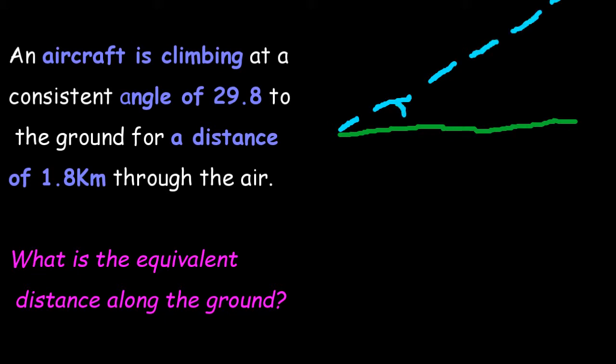So this is just a straight line going upwards at 29.8 degrees. It travels along this angle for 1.8 kilometers, so this distance is 1.8. Now the question is asking us for the equivalent distance along the ground. It must be this distance here.